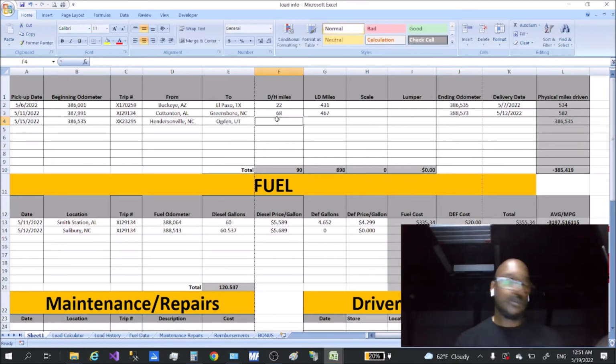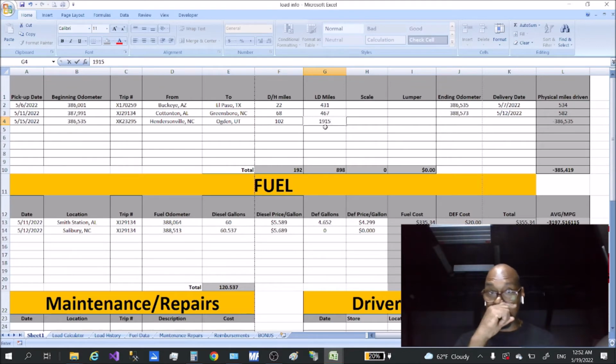Okay. My deadhead mileage for this one was 102, and my loaded miles was 1,915 miles. All right.